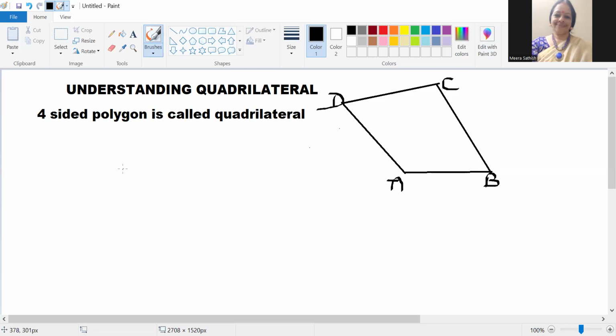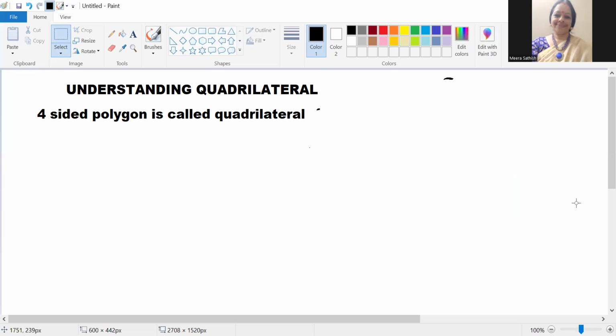Now, in this quadrilateral, if the sides have some special quality or special measure, then its shape will change, right? According to the changing shape, we have divided it into several categories. So, let us learn about them one by one.